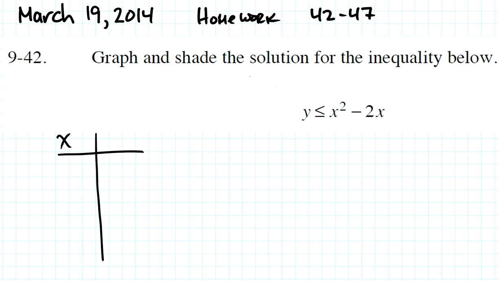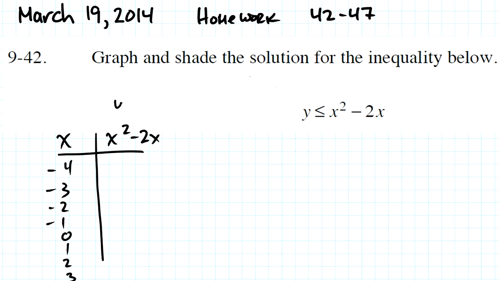So I'm going to let x equal, I haven't really thought about this, so I guess I'm just going to pick -4, -3, -2, -1, 0, 1, 2, and 3 perhaps. And then quickly calculate what this is, right? x squared minus 2x.